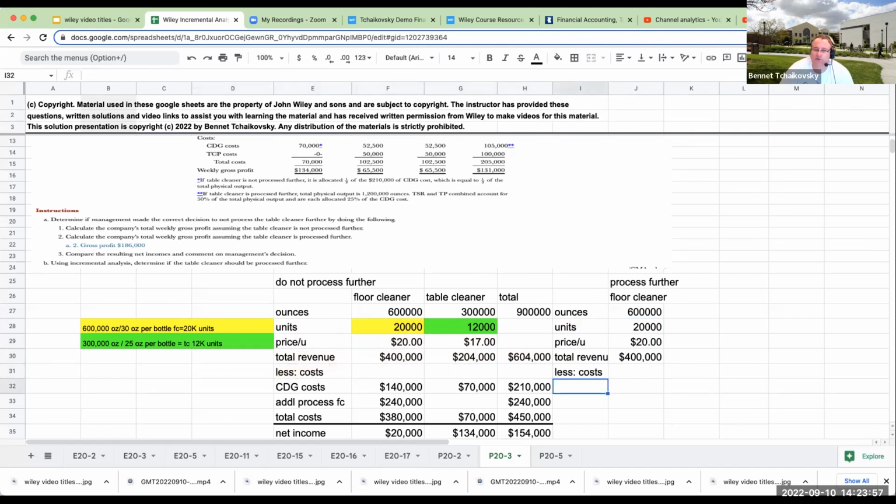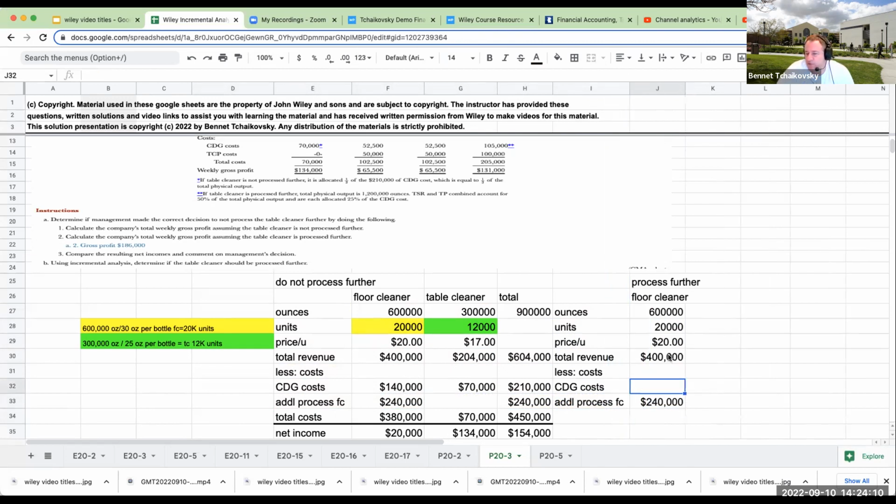Also over here in terms of the costs, and this is where we'll get into a little bit of different types of things. We know that we're going to have additional processing costs for this, but this is going to be the same as what we had before, with the exception of the allocation over here.